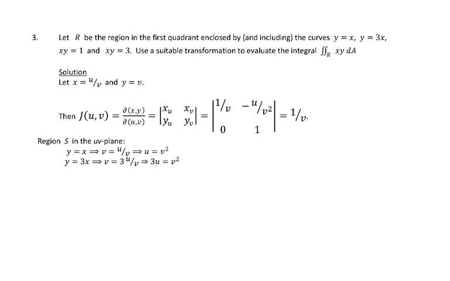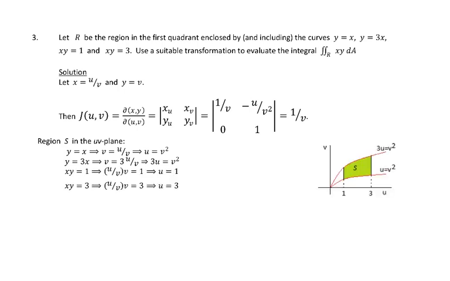So let's see what happens. When y is x, it means v equals u over v, or u is v squared. That's something that's familiar to us. That's a parabola. Similarly, if y equals 3x, we get 3u equals v squared, which is another parabola.